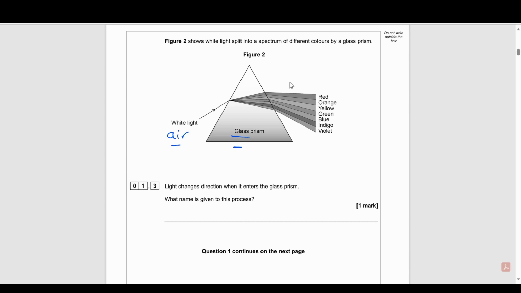Now what can be different about the medium is the density. When the light enters a more or less dense medium, it can bend, change direction, speed up, slow down. And that process is known as refraction.